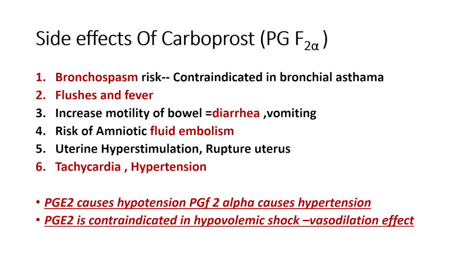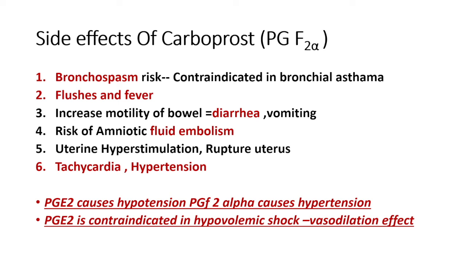What are the side effects of this carboprost injection? There is a risk of intense bronchospasm. Hence, it is contraindicated in bronchial asthma. This bronchospasm is commonly observed with the prostaglandin F2 alpha. There is a risk of flashes and fever.